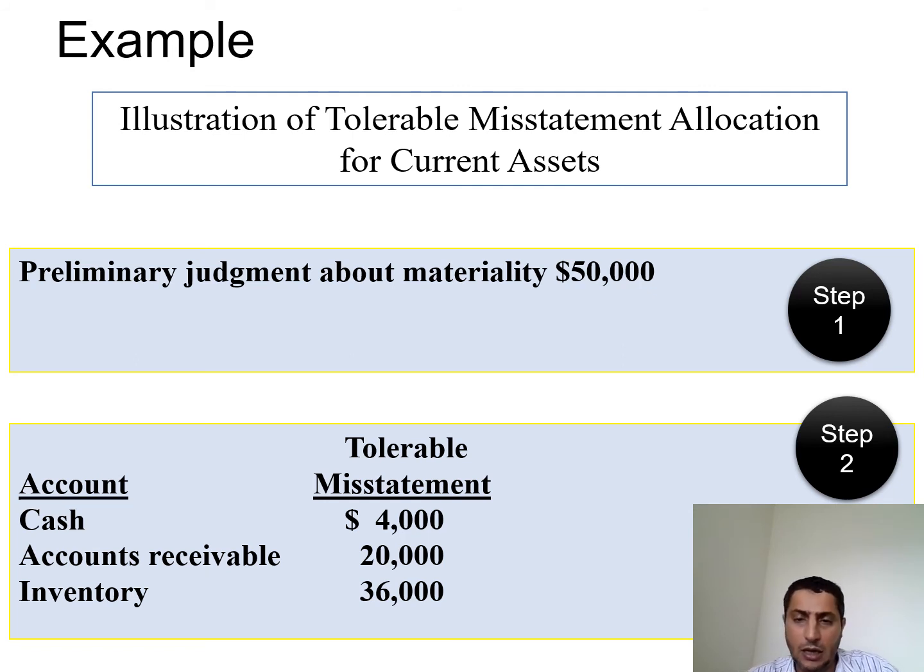So let's say we consider all of those factors, and then we allocate 4,000 for cash, 20,000 for accounts receivable, and 36,000 for inventory.